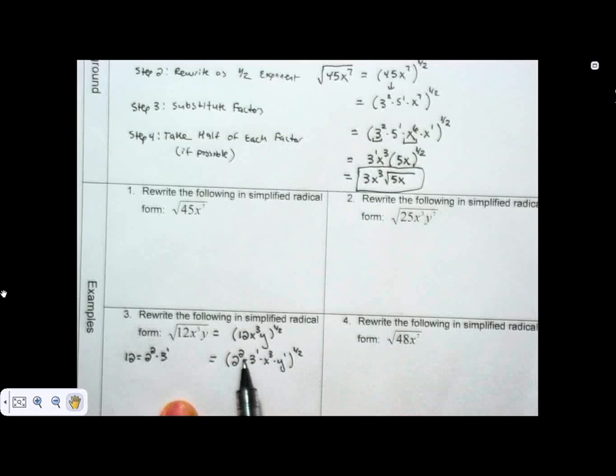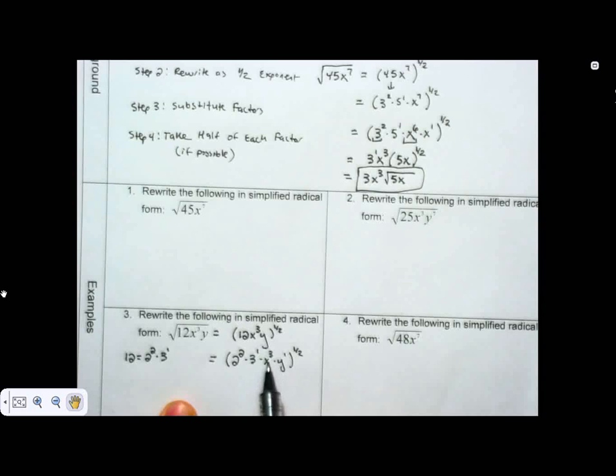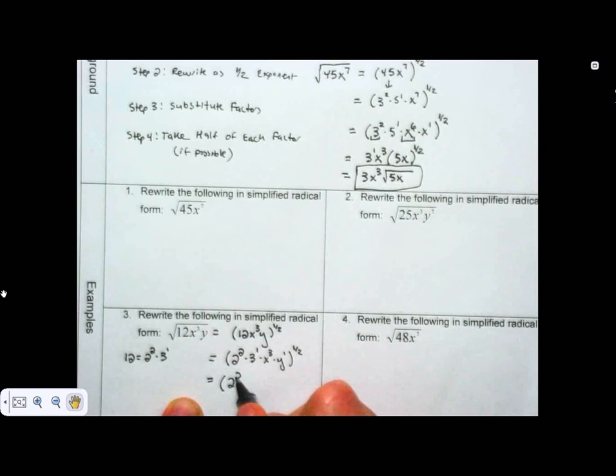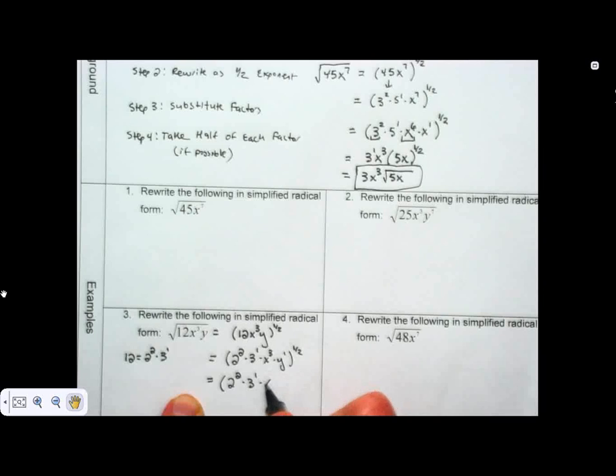And then again, I want to take half of each factor, and so I can't really do anything with the 1 factor of 3 that I have and the 1 factor of y, but the 3 factors of x I can break up a little bit. So I'm going to do that. So I've got 2 squared times 3 to the first. I'm going to break x to the third into 2 factors of x times 1 factor of x.